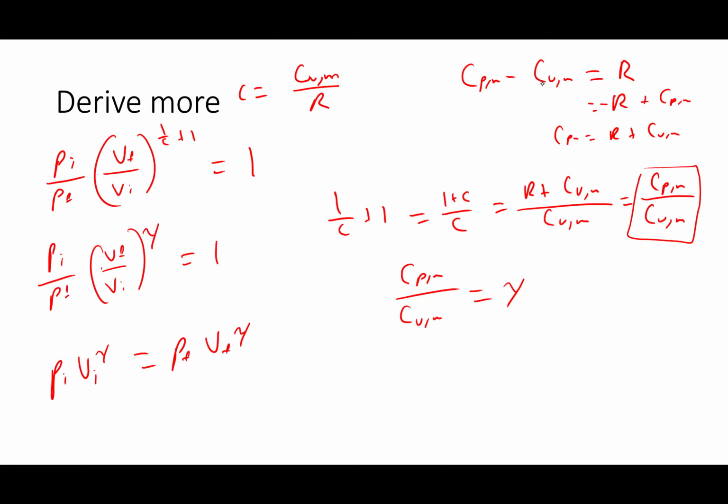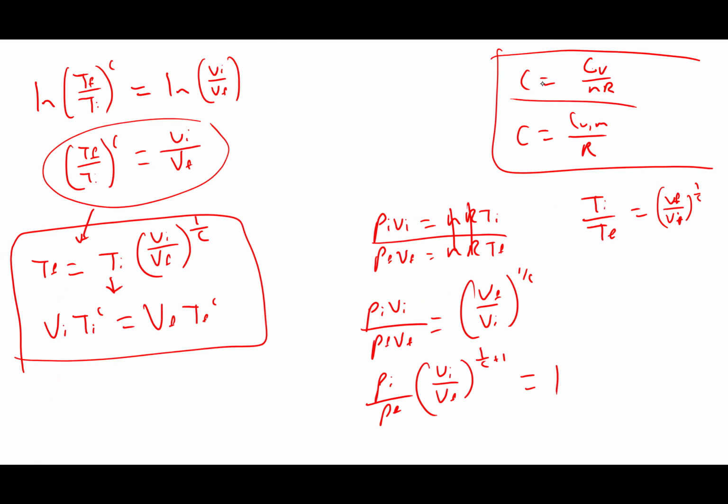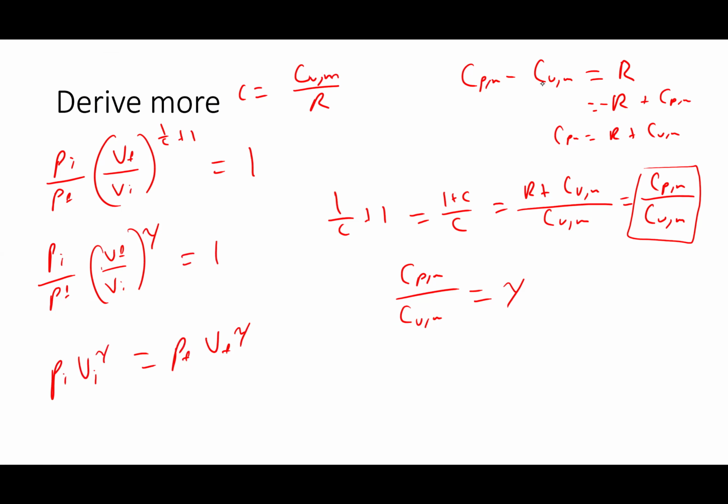So again, the two things to remember: we have our c, which is CV molar over R, and our gamma, which is CP molar over CV molar. Keeping those things in mind, if you look at this, it looks very, very close to Boyle's law, which was P1 V1 equals P2 V2.